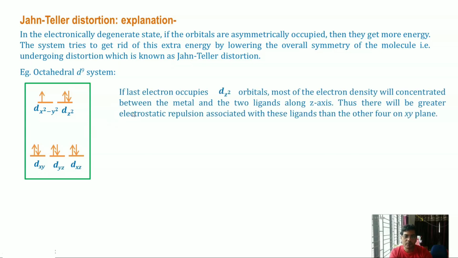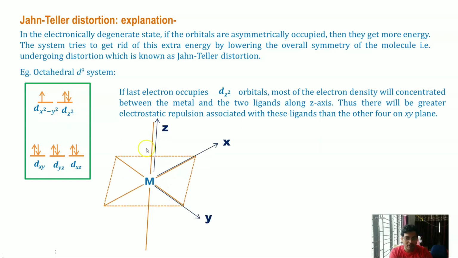So what happens? Suppose in the case of a d9 system, the last electron occupies the z square orbital. Then the electron density is more concentrated towards the z axis and there will be more electrostatic repulsion between the ligands and the metal along the z axis.